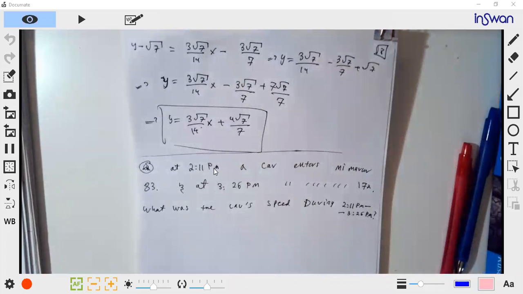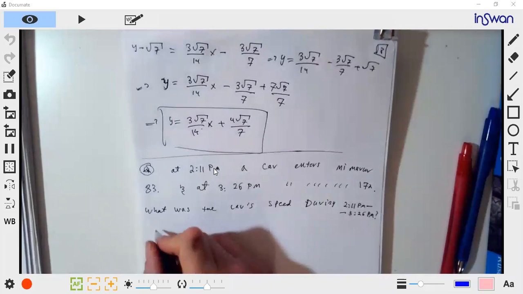You only know that the car traveled this much distance in this much time, but you don't know how fast it was going at any minute during 2:11 p.m. to 3:26 p.m. That information is not accessible to us. We don't know what the instantaneous speed of the car was at, let's say, 3:15 p.m. or at 2:45 p.m.